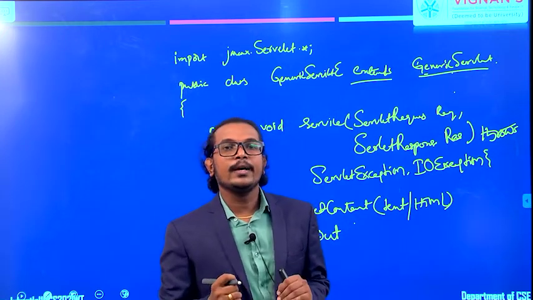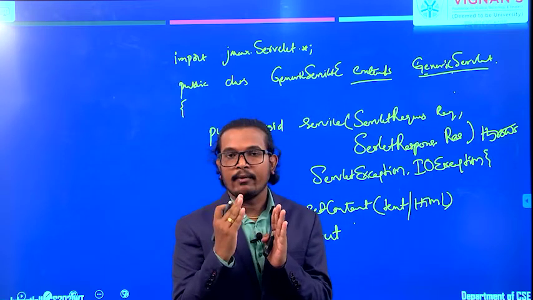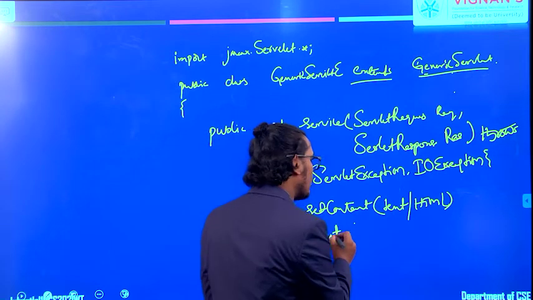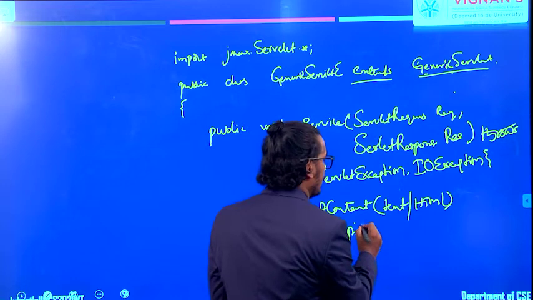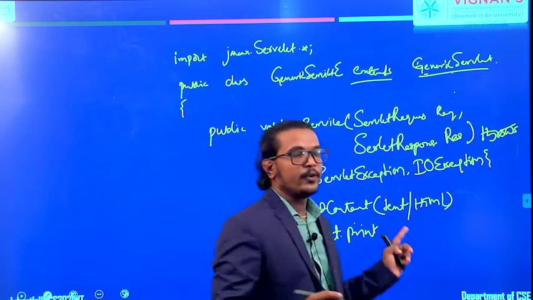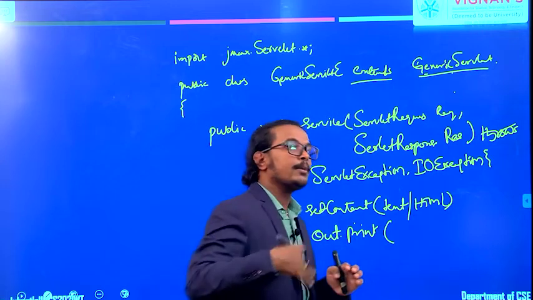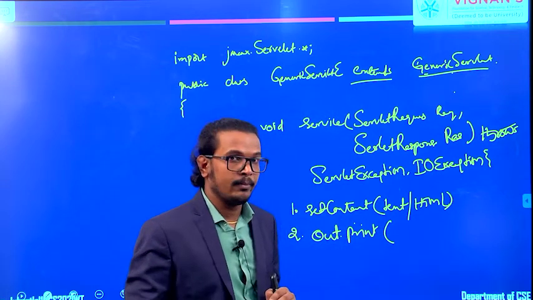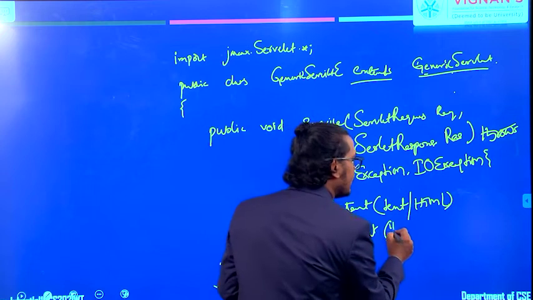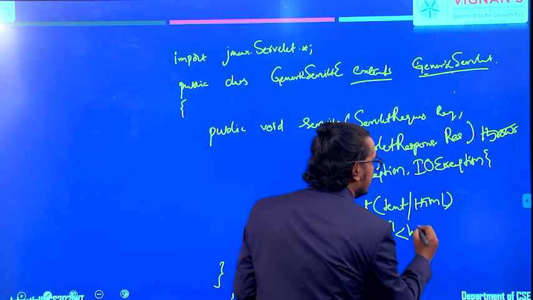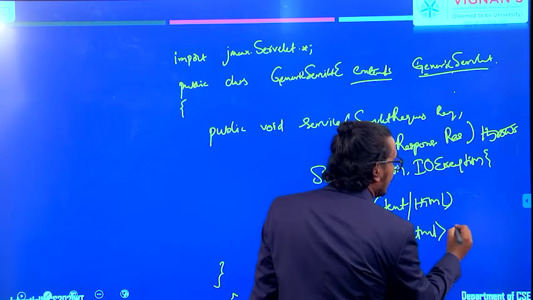We use out.println with the help of the output buffer, printing some information in the form of HTML. That script you have to pass here, the HTML tag and body tag.